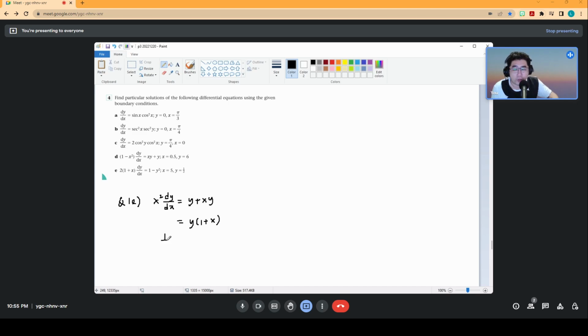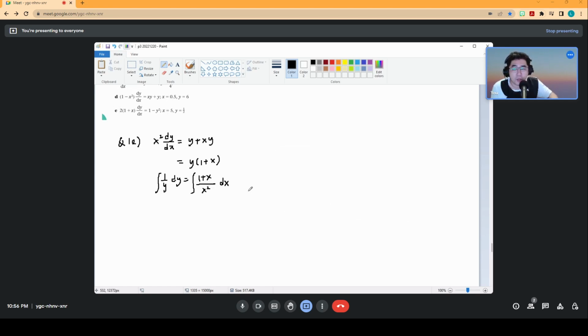So I have 1 over y dy equals (1 plus x) over x squared dx. You will see that all the y terms are gathered on the same side, all the x terms on the same side. Then I separate them like this: 1 over x squared plus 1 over x, dx. Then after that, I do integration.